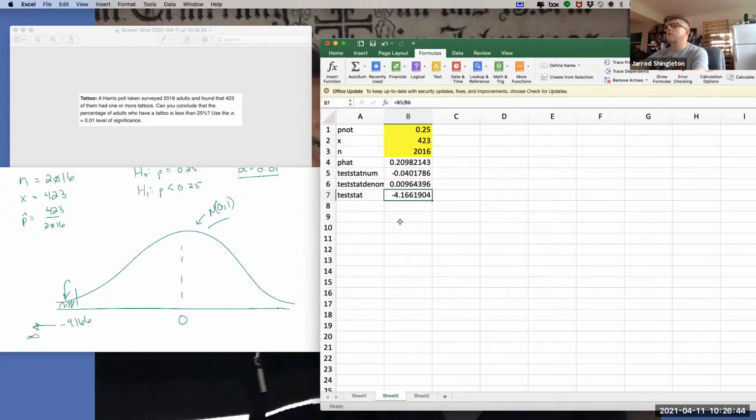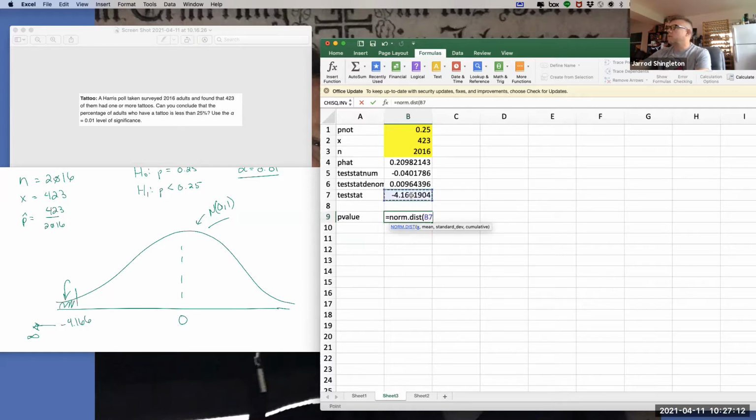That's what we're going to compare against alpha to determine whether we can reject or fail to reject the null hypothesis. P-value equals NORM.DIST. Thankfully, this is a left-tailed test. I don't have to do 1 minus. I don't have to do any fancy mathematics. But always remember, Excel takes the area under the curve from the left to whatever number you're getting to.